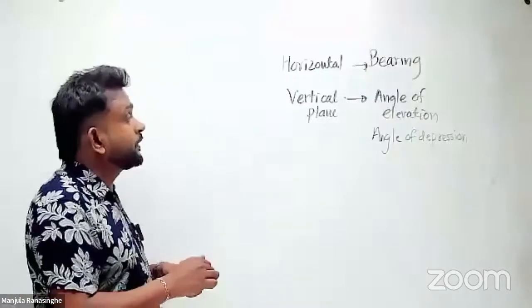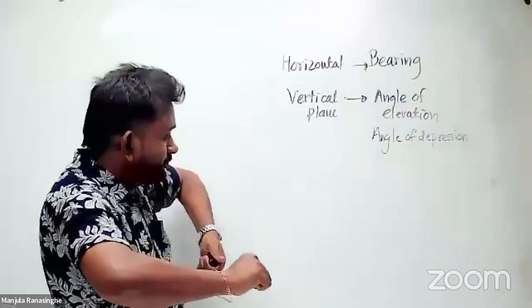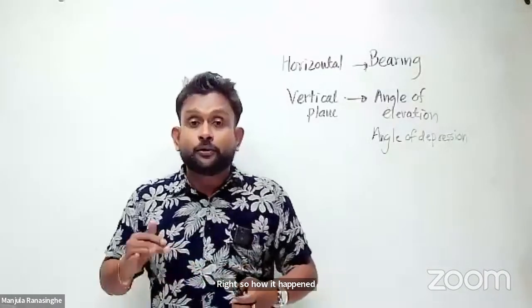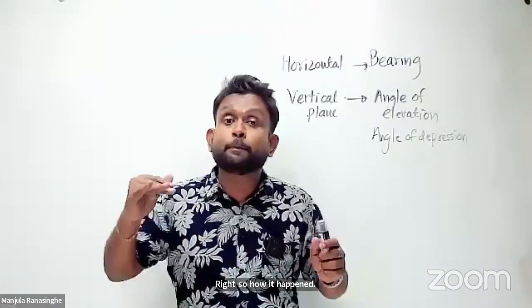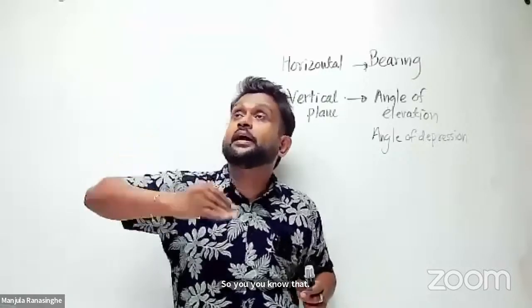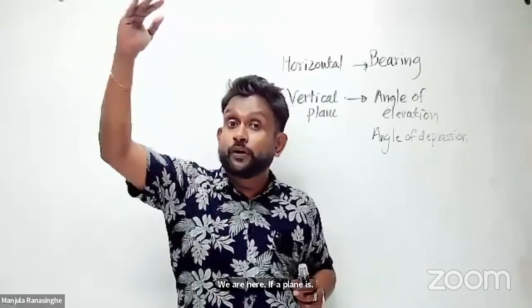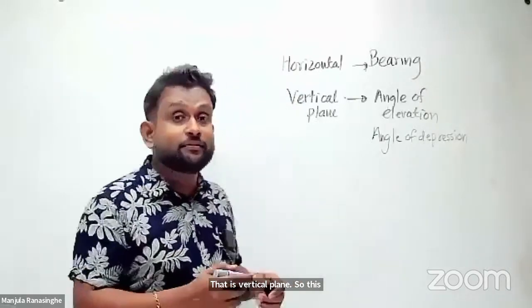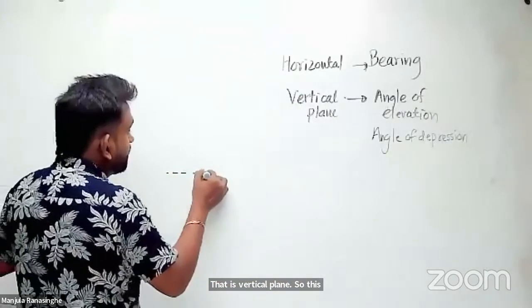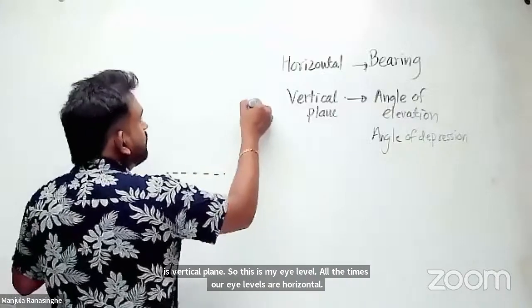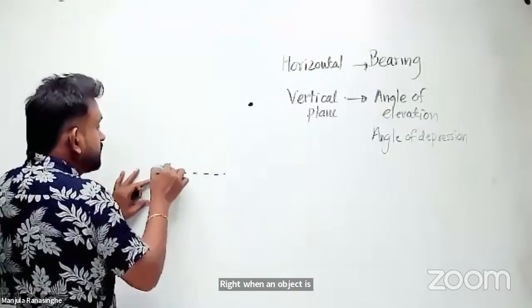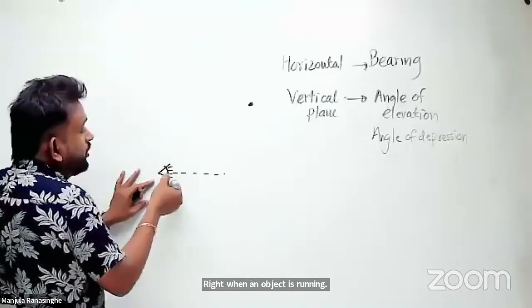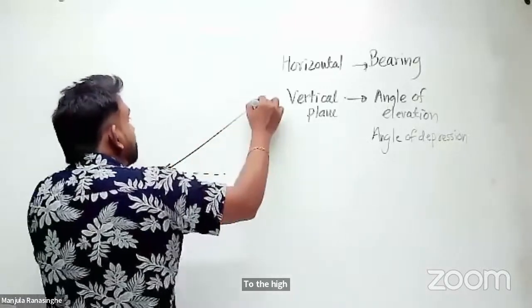So how does it happen? If a plane is flying at the top, that is a vertical plane. This is my eye level. All the time our eye level is horizontal, right? When an object is going upward above the eye level, we have to raise our eye in this direction.